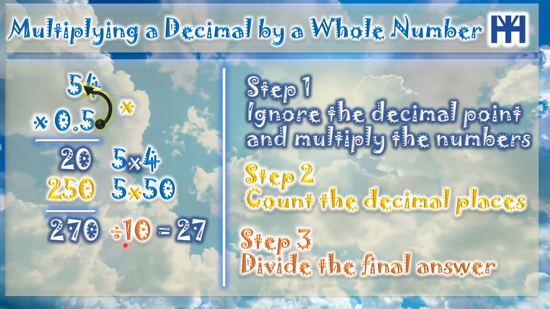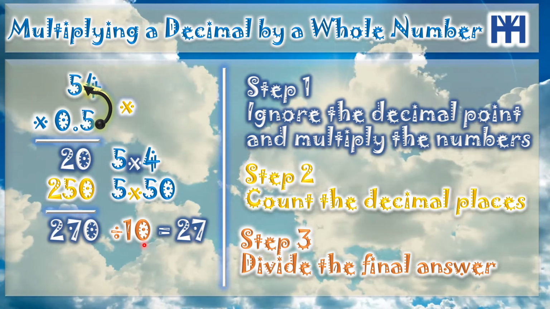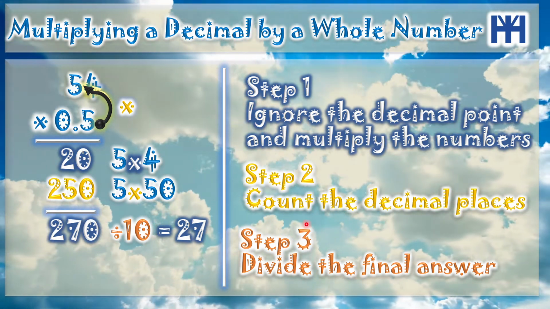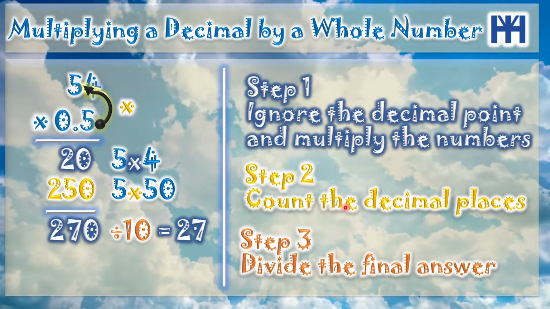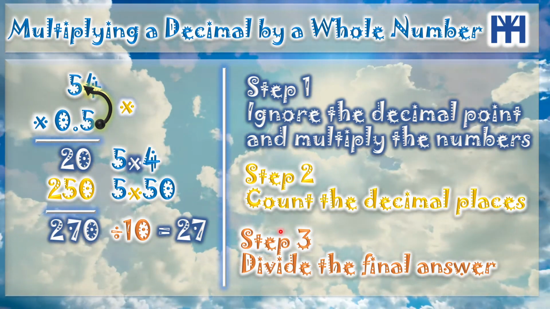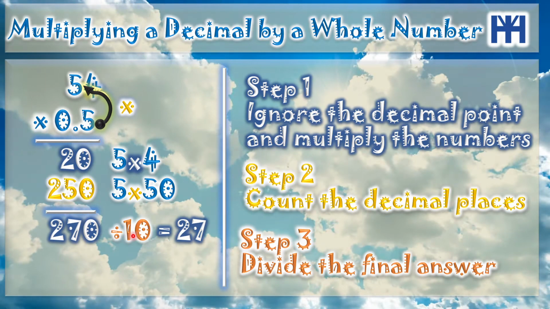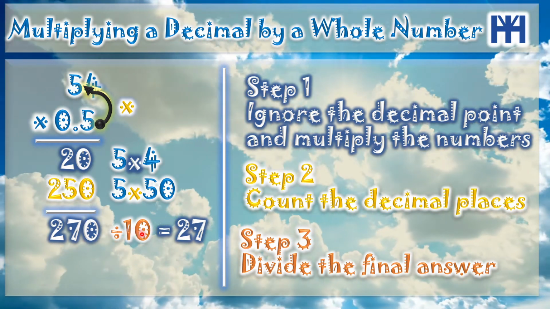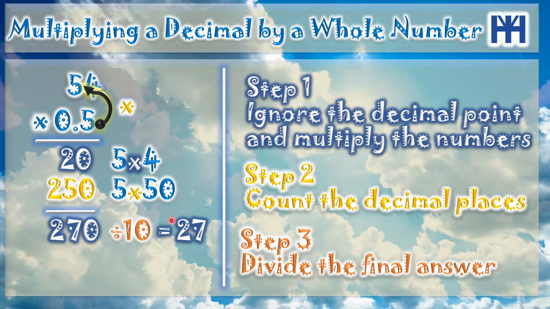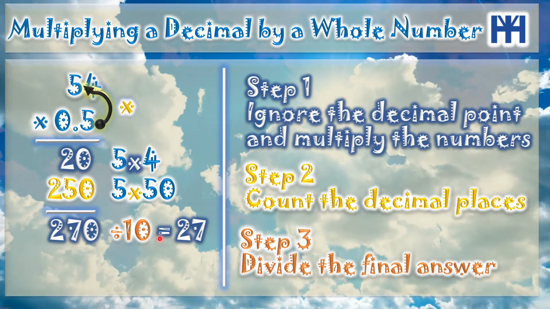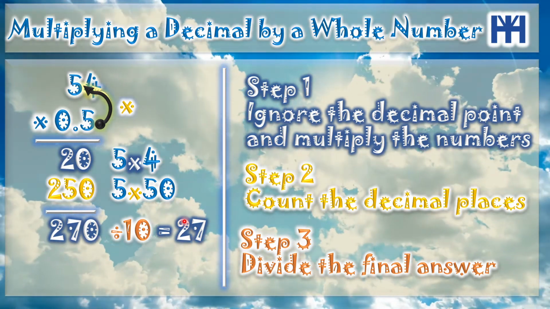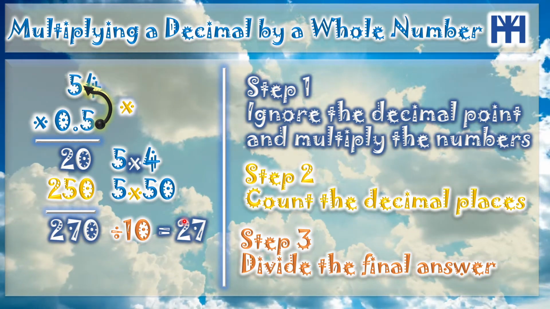So that's what we have done here. We divided by 10. So follow these steps: after the answer, count the decimal places, then divide the final answer by 10, or the number of zeros will depend on the number of decimal places, to fix it again. Okay, that's it. We will just repeat these steps all over again.